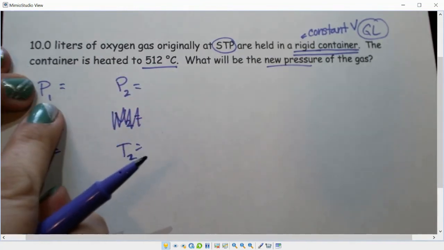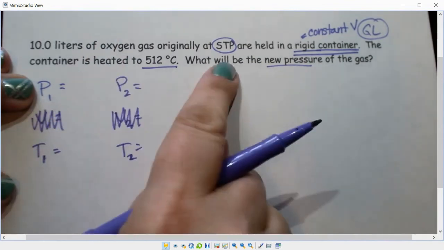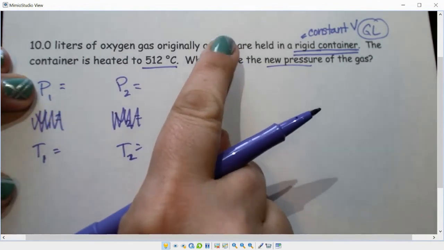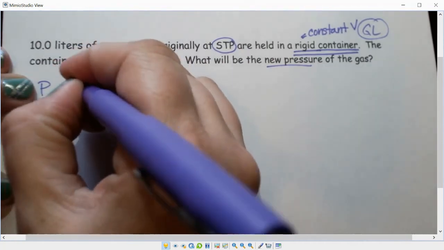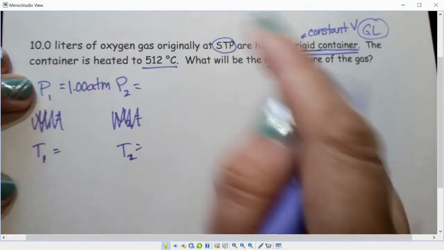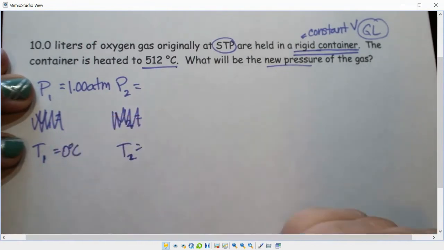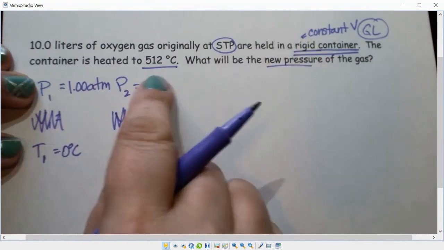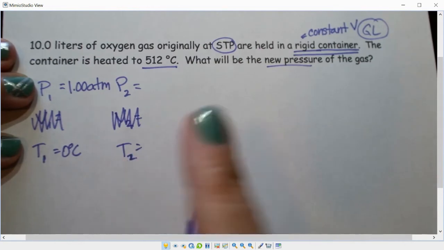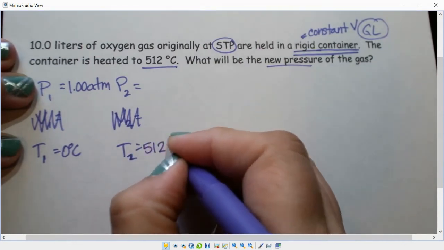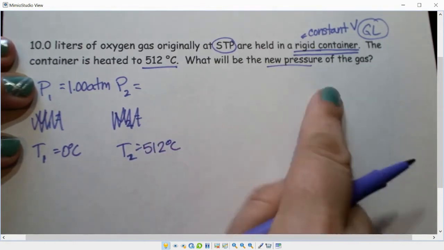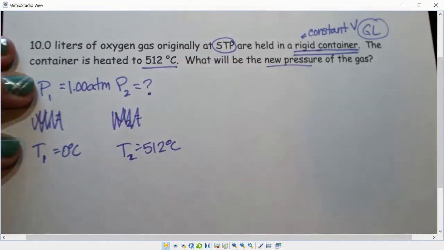Now the original pressure, well, this told me it was at standard temperature and pressure, and standard pressure is 1 atmosphere. Standard temperature is 0 degrees Celsius. It says the container is heated to 512 degrees Celsius, so we're changing to 512 degrees Celsius, and we want to calculate the new pressure.